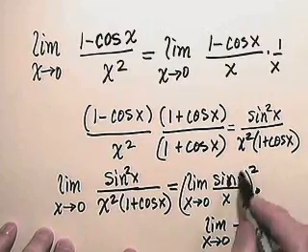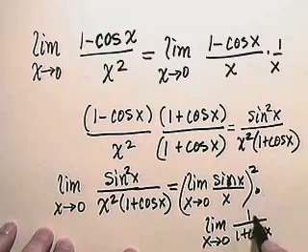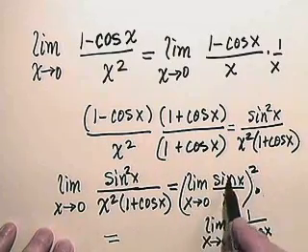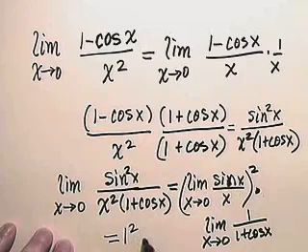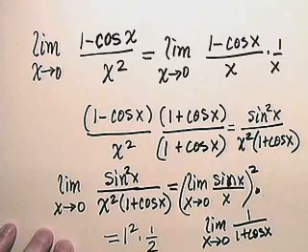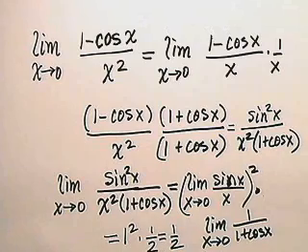In other words, this factor multiplied by this. Well, this factor is just 1 squared, which is 1, and here we have 1 over 1 plus cosine 0, which is 1/2. And so we end up finally with a half, but notice how hard we had to work for it. We had to introduce these extra factors here, trig identities, all kinds of things, whereas using L'Hopital's rule, all I had to do was just differentiate a few times.